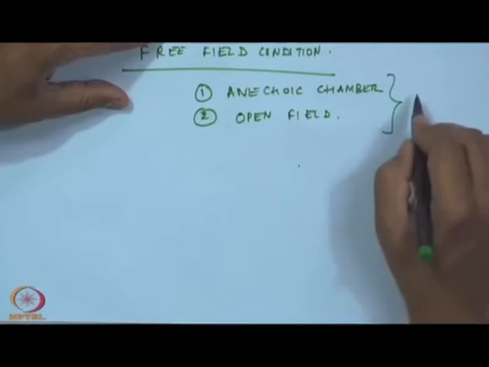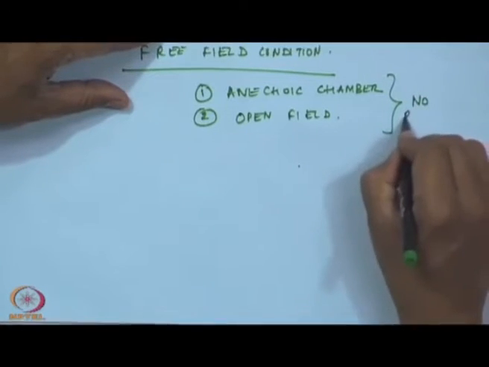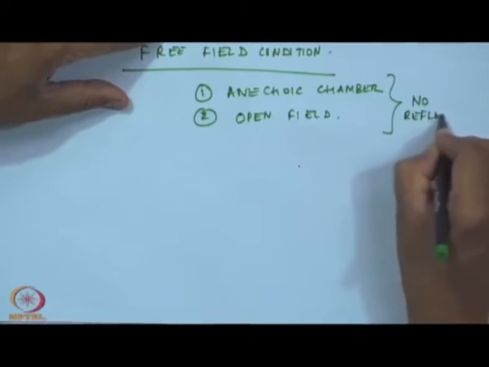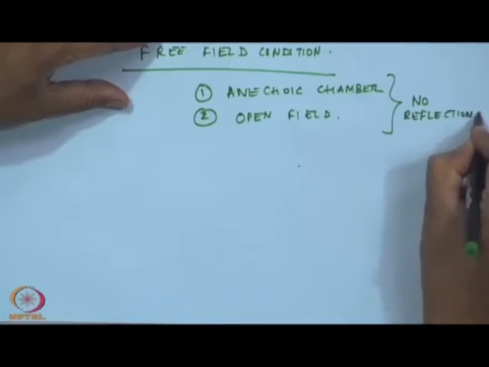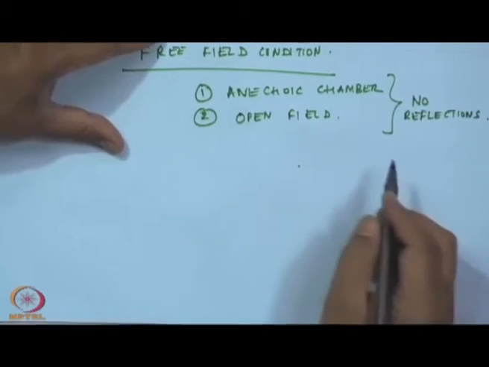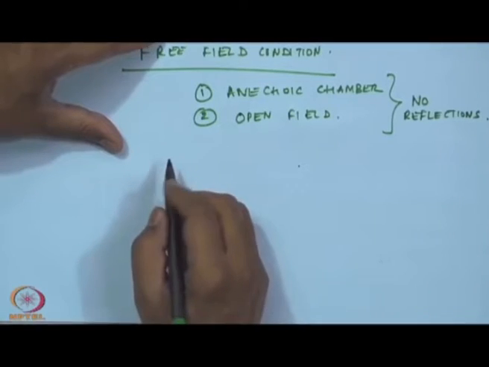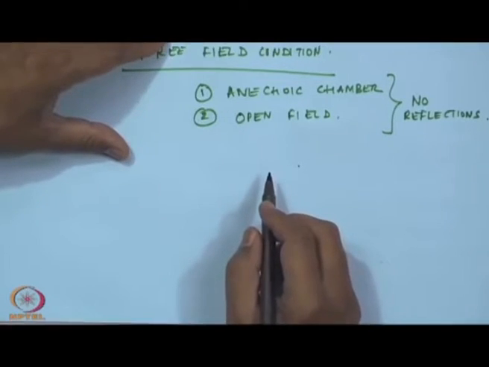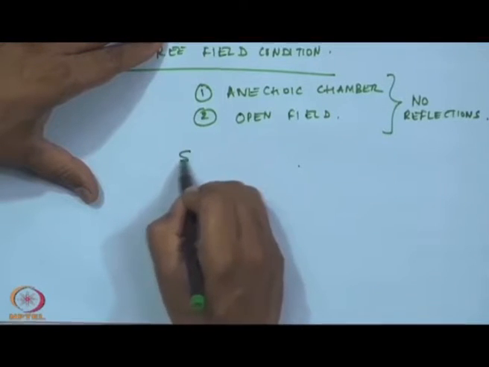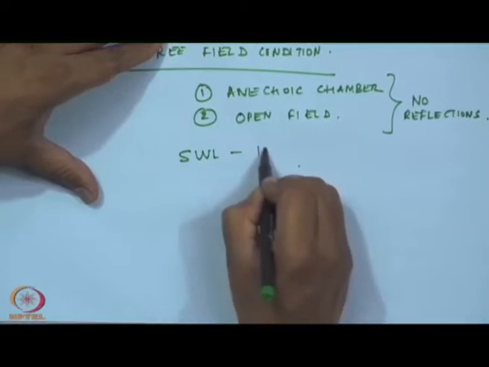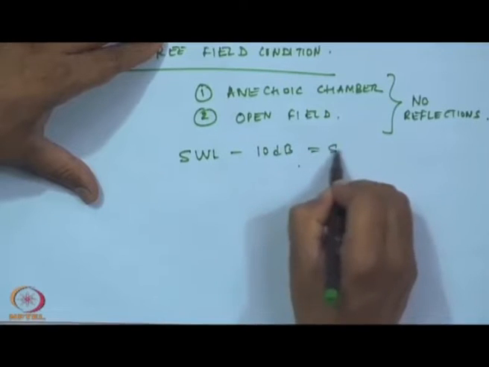There has to be no reflections. So, you can pretty much understand the SPL at 1 meter away from the source will be SWL minus 10 decibel.